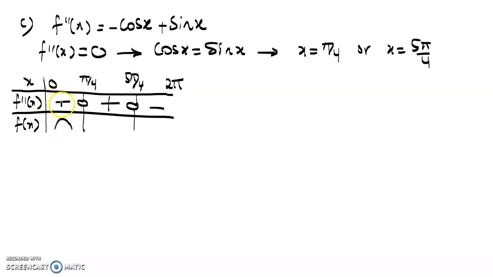Over the second interval, the second derivative is positive, so the function is concave up. And again here, concave down, since the second derivative is negative.